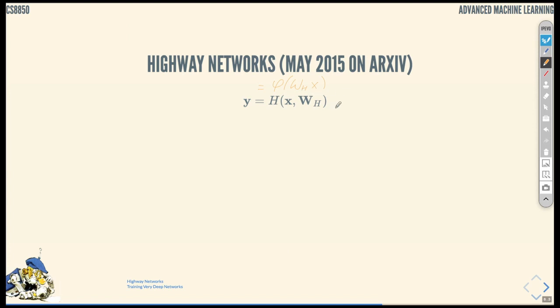Let's just write it as h of x given W sub h. So all that it's saying is the same. If we do that, then we can have the following.